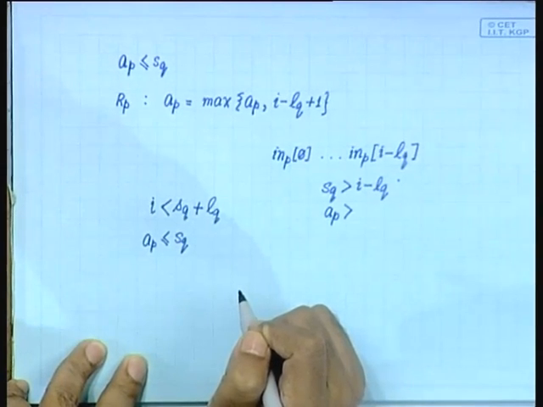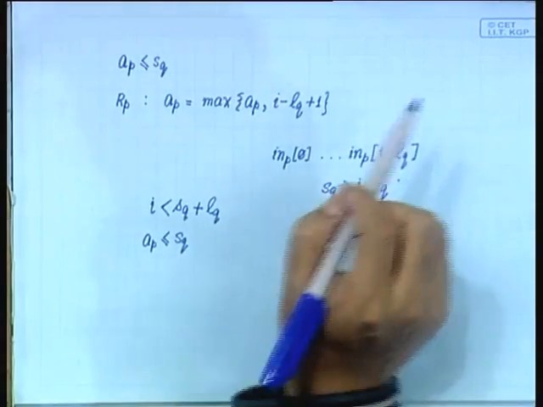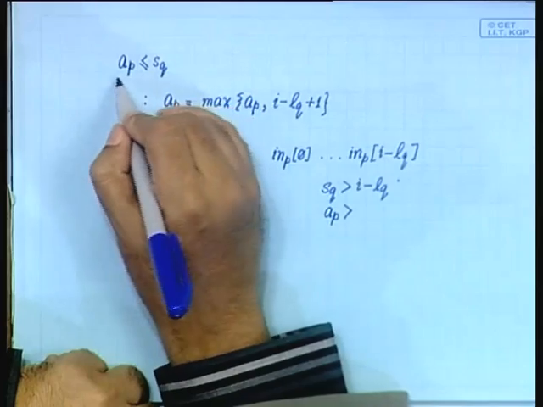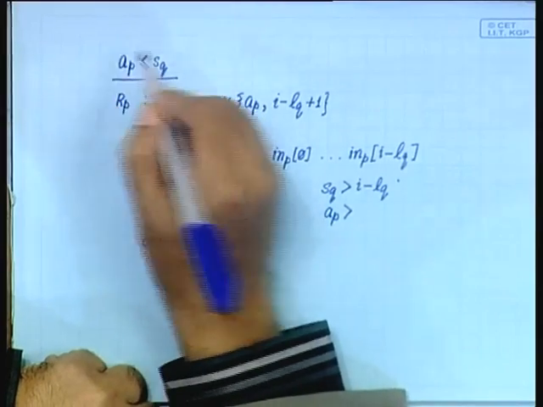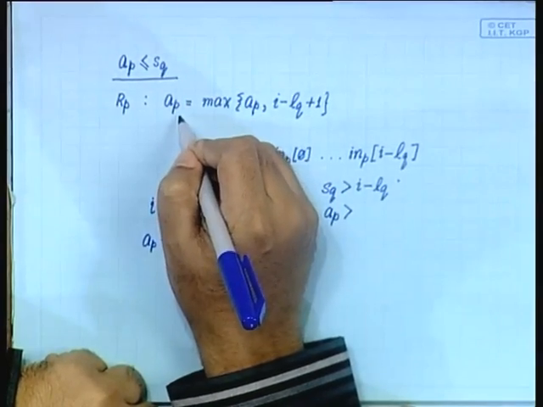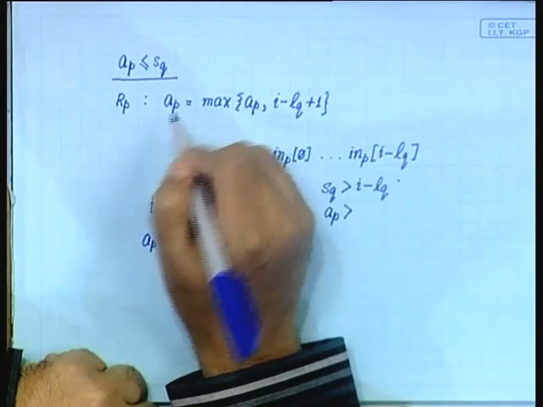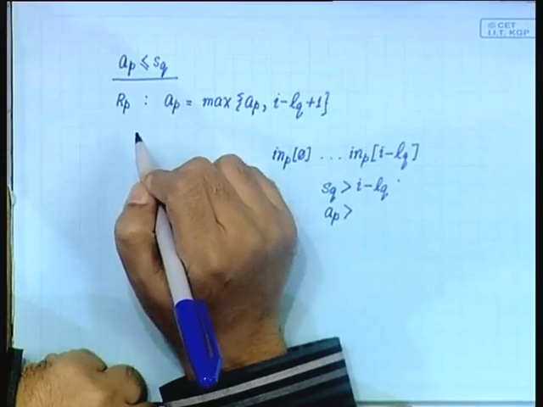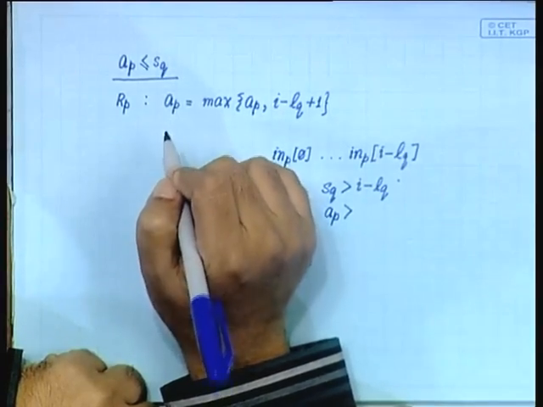How? See, what are we trying to show? We are trying to show that if this one was true before RP was executed, it will hold even after this has been executed.